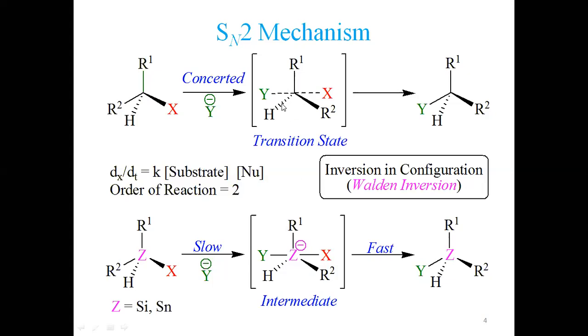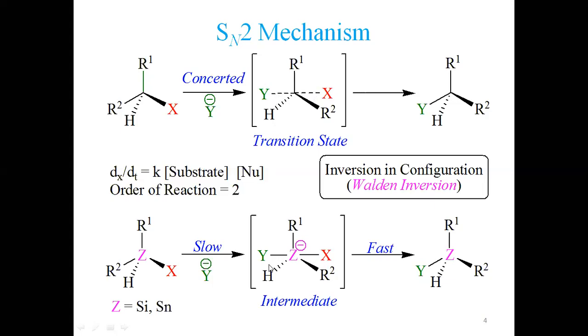But here we are not getting a pentavalent system. Just look at X and Y: they are positioned opposite each other. But here there is a half bond, half bond. Here there is a full bond, full bond. Here we have overall 4 bonds: 1, 2, 3, half bond, overall 4 bonds.